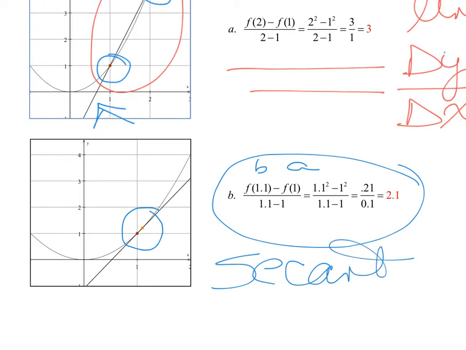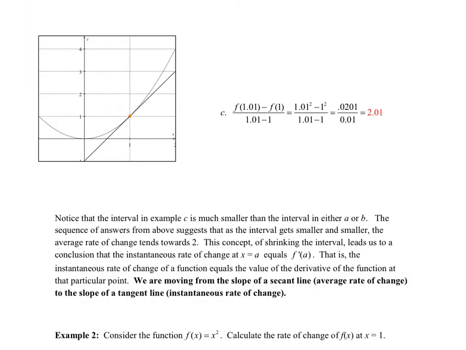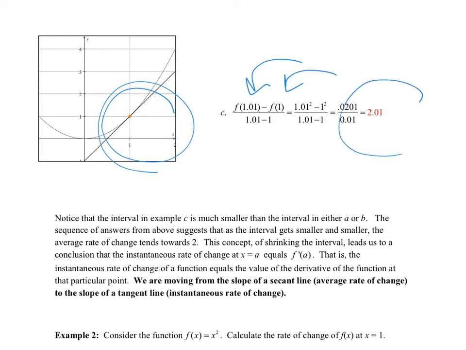On the next page, we are now really close. Technically, we are still looking at a secant line, but the points are only 0.01 away from each other, so you can see that we're approaching a value of 2.